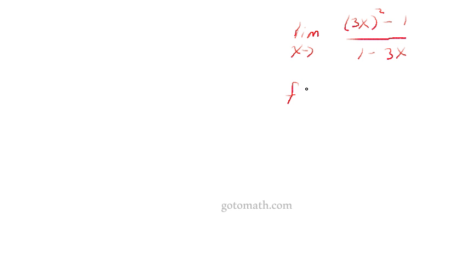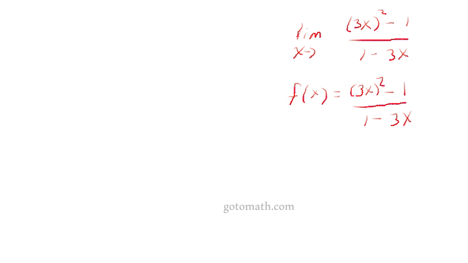So in the explanation, when you hit the help button, our f of x is actually all of this, (3x)^2 minus 1 over 1 minus 3x, and this was as x approaches 3.